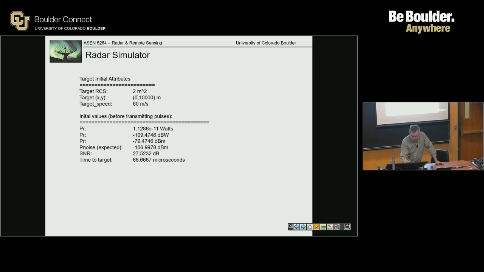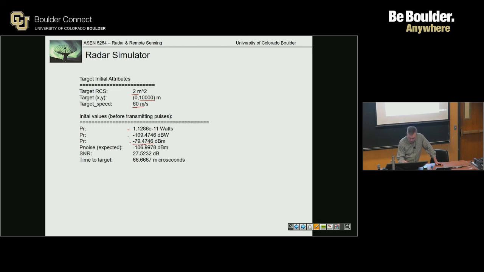Initial target: 2 square meter cross section. It's currently at 10 kilometers away in the y-axis, but at straight boresight. And the target is moving 60 meters per second. So these are the estimated values of the target. Range is about minus 180. These digits were because I used MATLAB and just spit it out.